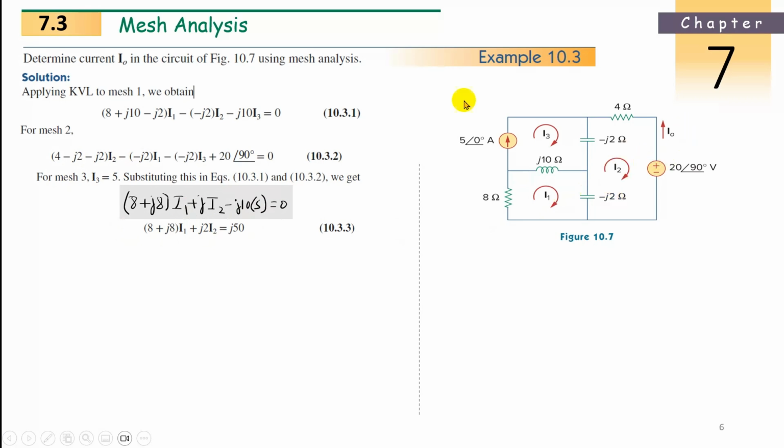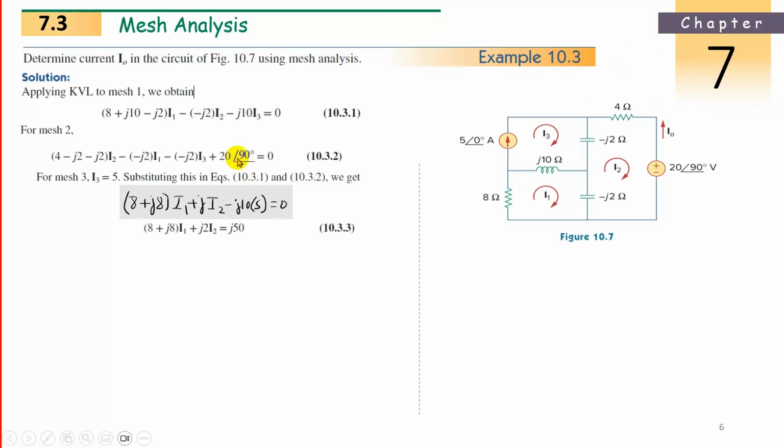Now it is easy. Coming to the second loop equation, substitute I3 equal to 5. Where is I3? Here. When you substitute 5 here, 10, it will be j10. Now what is 20 at an angle 90? How can I write 20 at an angle 90 in terms of j? It is j20.